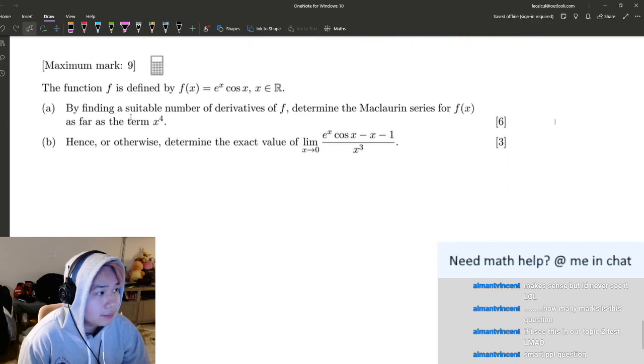Okay, let's see. I have my function f, which is e to the power of x times cosine x. Then, by finding a suitable number of derivatives of f, determine the Maclaurin series as far as x to the power 4. Why?